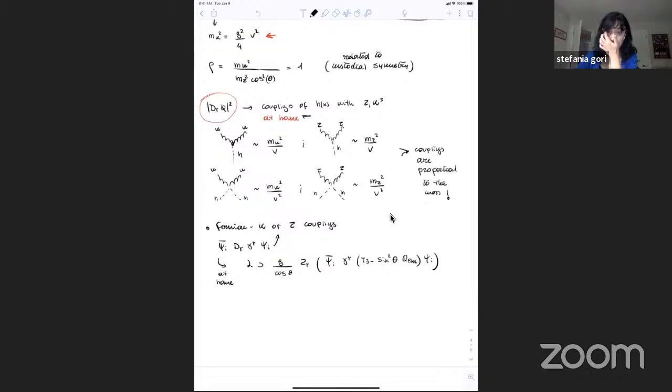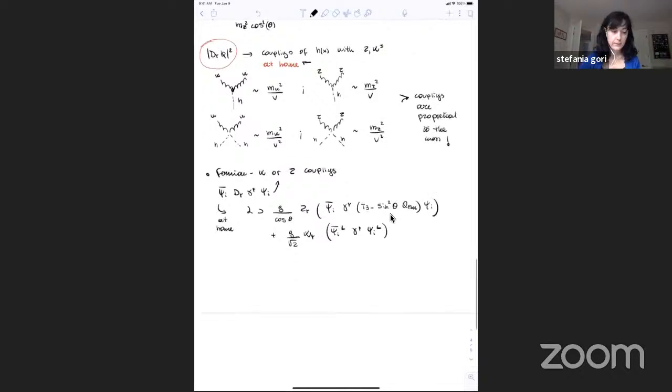So this is the coupling of two fermions and the Z boson. Then you have couplings with the W bosons that look like this. This time, as we have learned several times, this is only for left-handed quarks and leptons. That's why I'm putting here a left.